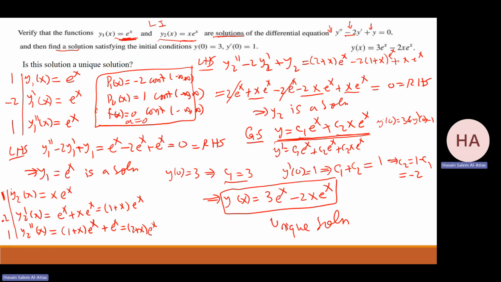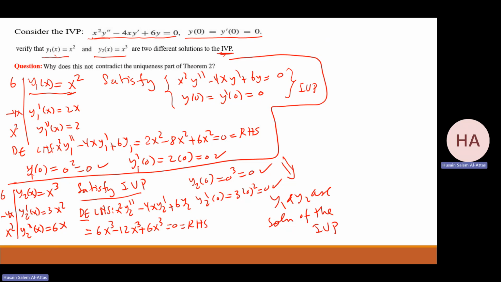So if you go back to this equation, note I need the coefficient of y double prime to be 1. So I need to divide by this: y double prime plus 4 over x y prime plus 6 over x squared y equals 0.